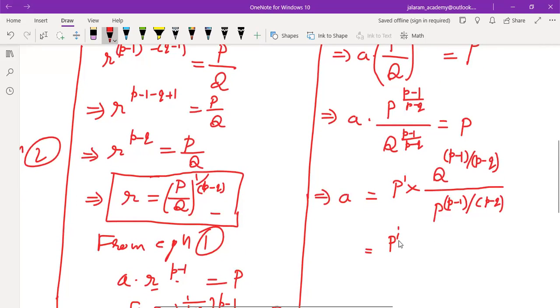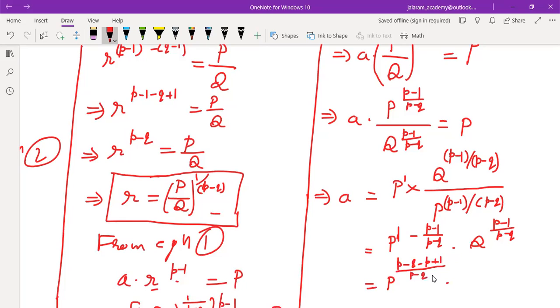One is in the numerator and the denominator has the power p minus 1 upon p minus q into Q to the power p minus 1 upon p minus q. So P to the power p minus q minus p plus 1 over p minus q into Q to the power p minus 1 upon p minus q.